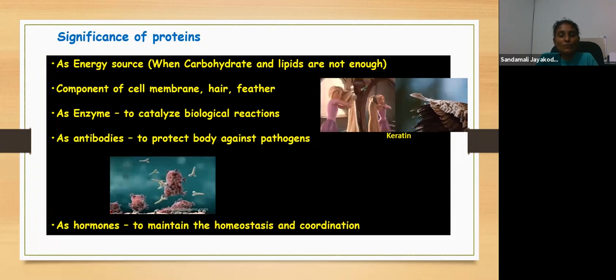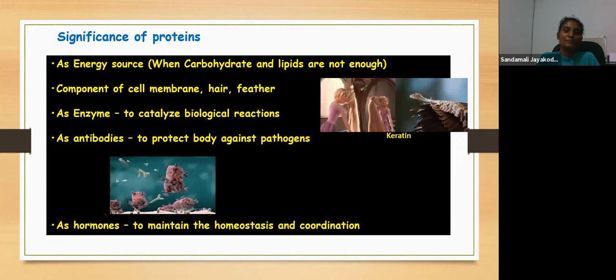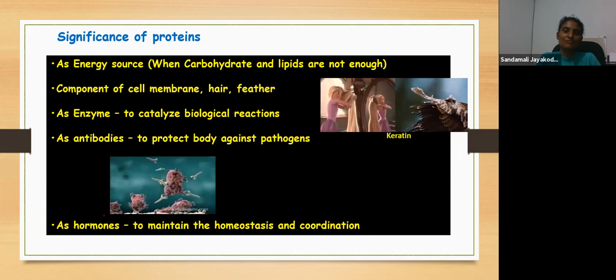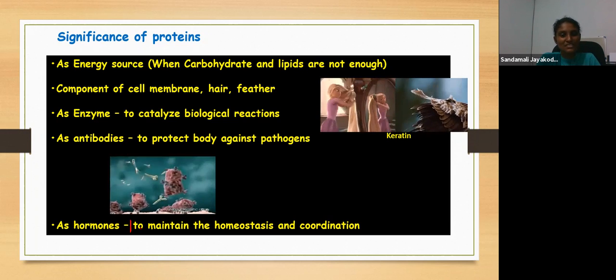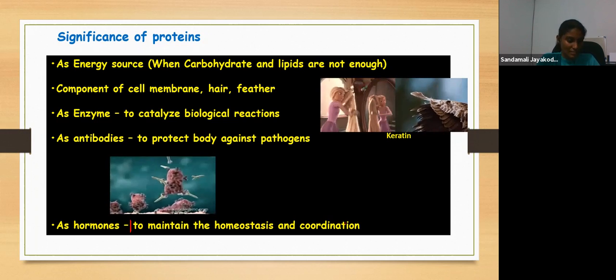Almost every hormone is a protein, but there are a few hormones which are lipids too, but most of them are proteins. This is a separate function, to maintain homeostasis and coordination in our body.